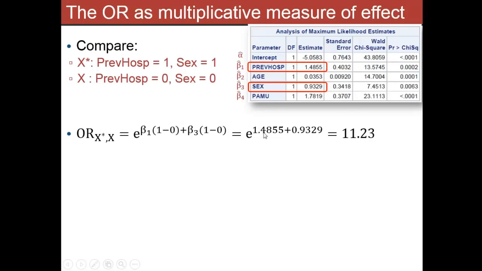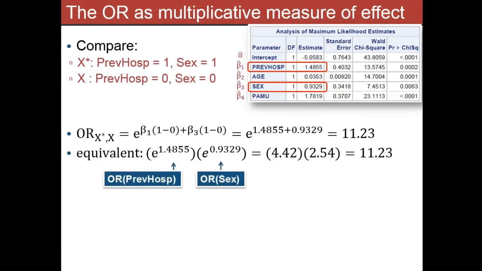So here's that situation that I just described, where you have the beta 1 and the beta 3 star in the odds ratio expression, and it's 1 minus 0 and 1 minus 0. And here you get that the odds ratio for this specific comparison is 11.2.